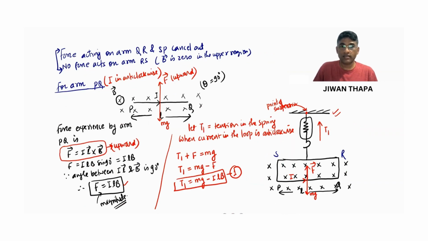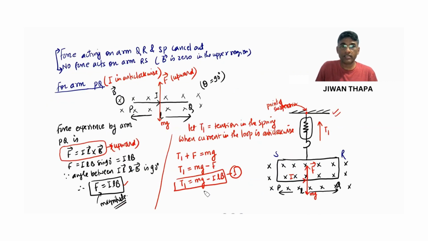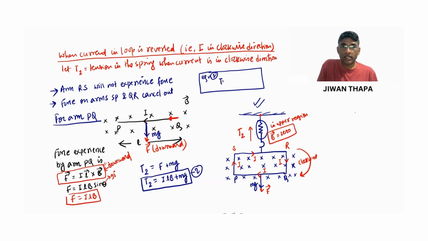Now we are asked to find the change in tension. Let me write over here equation 1: T1 equals mg minus ILB.